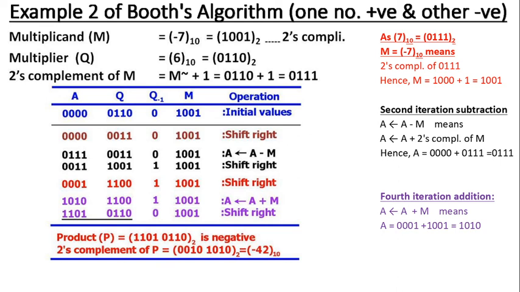So in order to get its actual value, we get its 2's complement, and after that we convert it into its corresponding decimal value, which comes to be 42, means minus 42 decimal. So whenever we perform the multiplication of minus 7 multiplied by 6, I am getting minus 42 decimal here.